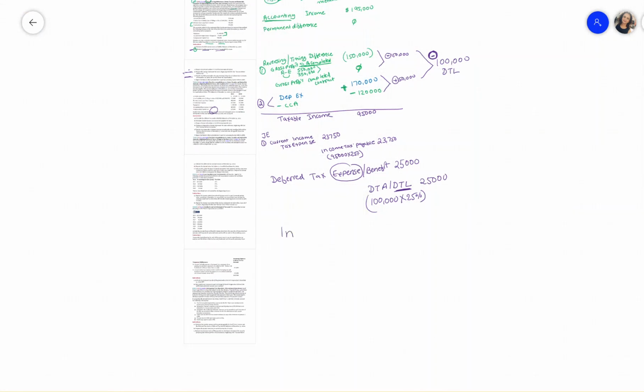So income before taxes, that's my accounting income. In this case, before taxes is 195,000. So you could have an income or you could have a loss. In this question, we have an income before taxes. Then my next heading, like I showed you, is income tax expense. In this, income tax expense is just a heading.